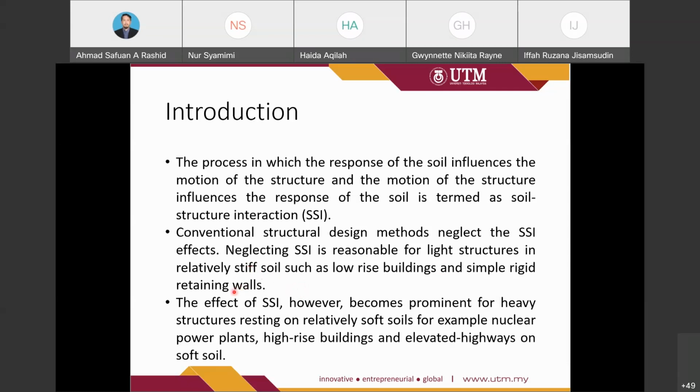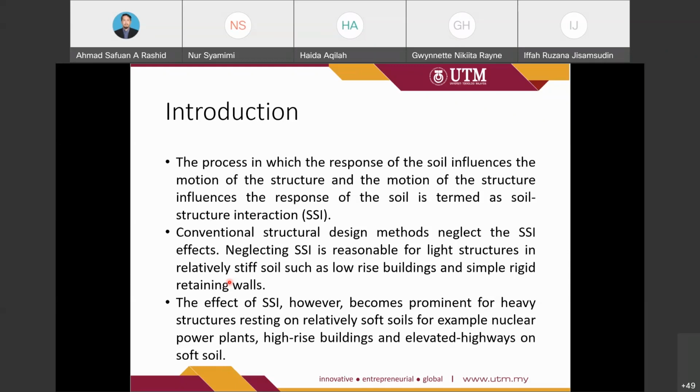So the lesson is, first, the task is to improve the condition of the soil, which I will discuss later, on how to improve soft soil conditions to reduce the effect of seismic vibration.